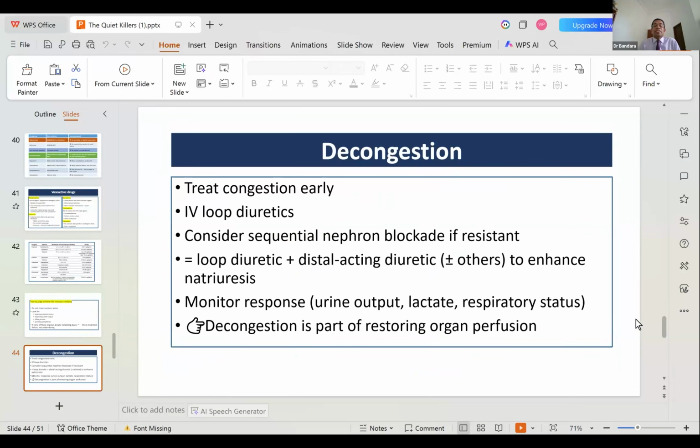Once the patient is stabilized hemodynamically, you can start decongestion. You can give loop diuretics, and you can add on distal acting diuretics as well to enhance the natriuresis. Ideally, loop diuretics should be given not as a bolus, but as an infusion, a small dose infusion.